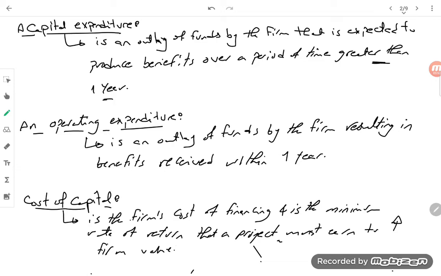So cost of capital can be defined as cost of financing or minimum rate of return that a project must earn in order to be able to increase the firm value.